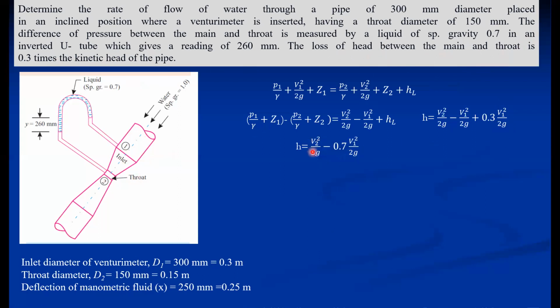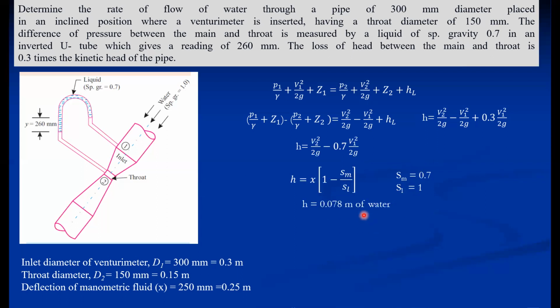Now, this H we can calculate using the inverted U-tube differential manometer, which gives H is equal to x into the bracket, 1 minus Sm by S. Here Sm is a smaller value than S, because the flowing fluid is heavier than the manometric fluid. That is the condition for an inverted U-tube manometer: the specific gravity of the manometric fluid must be less than the specific gravity of the flowing fluid.